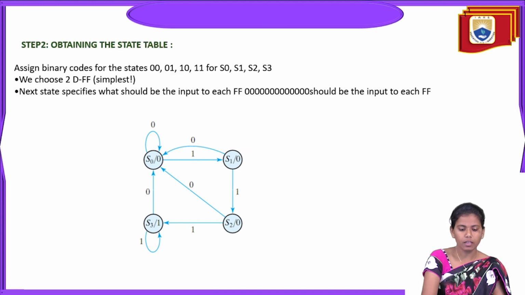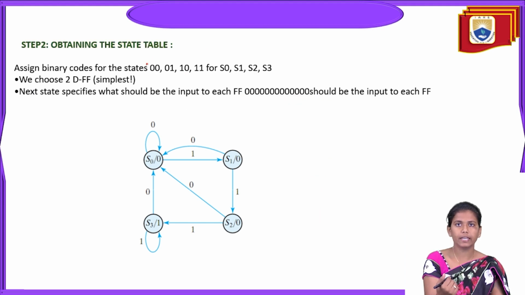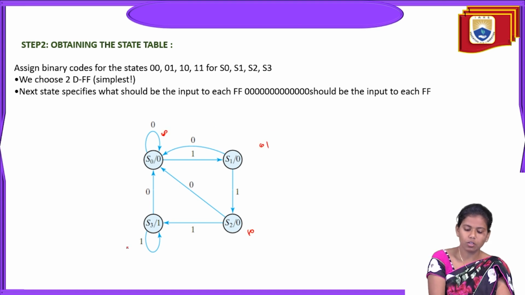After the state diagram, the next step is to write the state table. In the state table we assign the binary codes 00, 01, 10 and 11 to the states S0, S1, S2, S3. Then we choose 2 D flip-flops, the simplest.